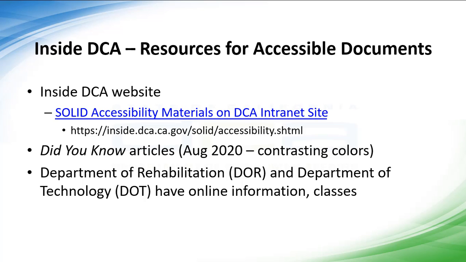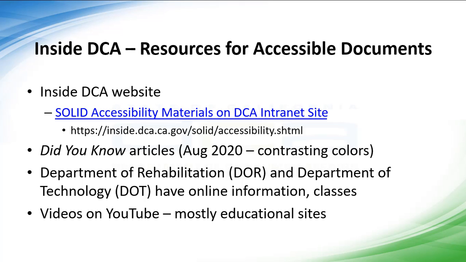They will go in for an entire 8-hour course on how to work your Microsoft Office documents and make them more accessible, and an 8-hour class on how to remediate PDF documents using PDF itself if that source document is not available. In addition, if you have just general questions and you want to look up a step or two, go out and just Google on YouTube and pull up some videos. They're mostly educational sites, as most of the educational sites had to go through this process years ago since all of their curriculum was going online.